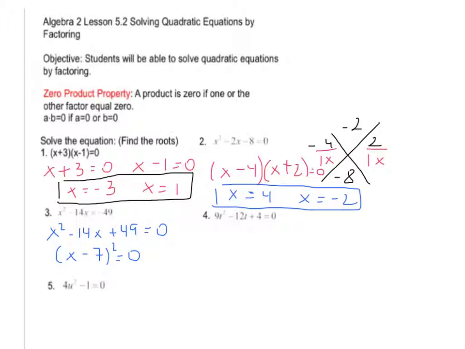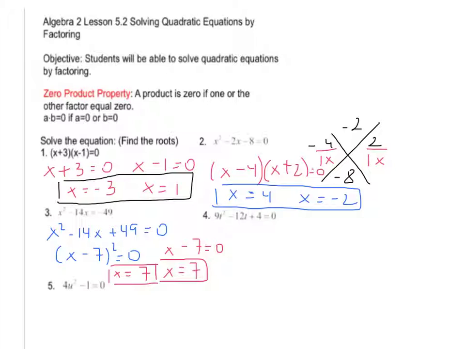So if I make the factor x minus 7 equals 0, x will equal 7. And this is a special case where x equals 7 is a double root because we have two factors of x minus 7.